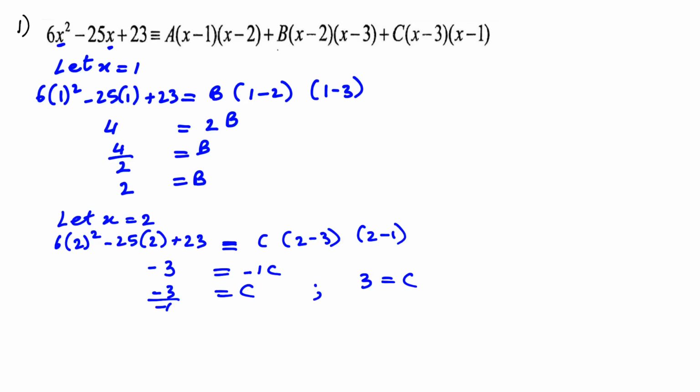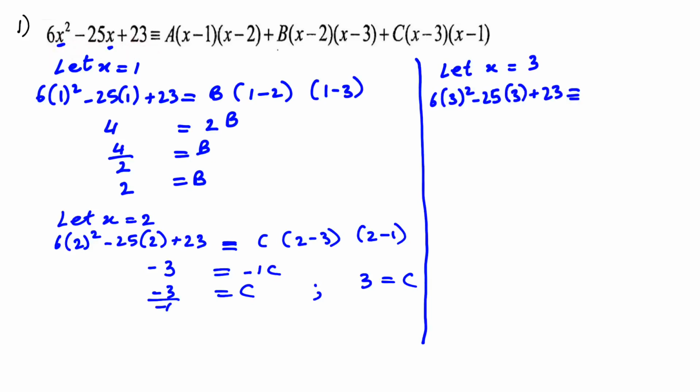Now we are going to use the 3 which we had. So let x equal 3. Wherever there is x, we'll substitute 3. So 6, 3 square minus 25, 3 plus 23. And here 3 minus 1 and 3 minus 2 with a. We have a 3 here. 3 minus 3 is 0.